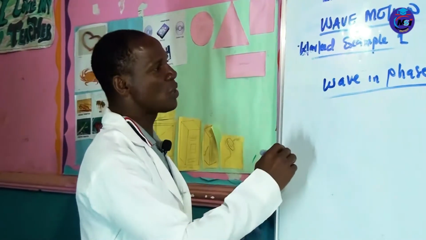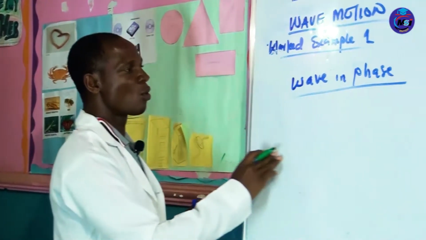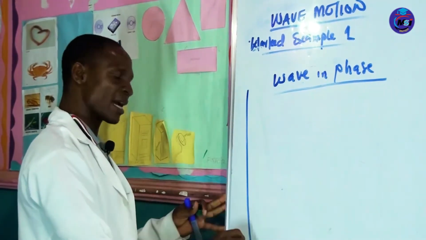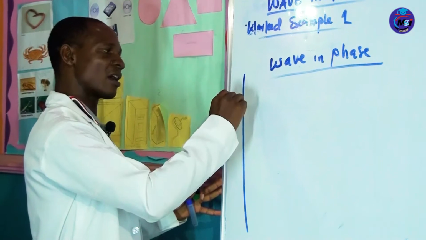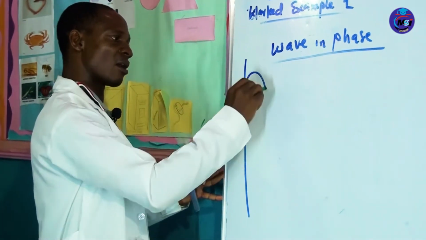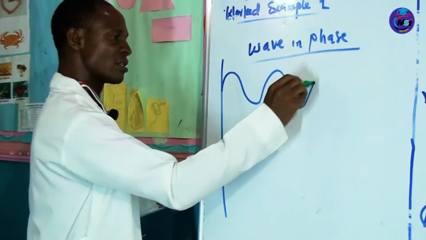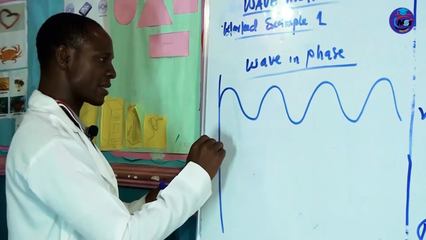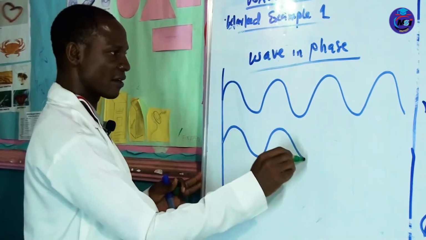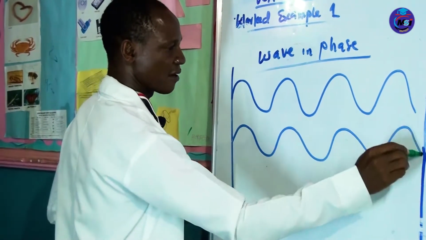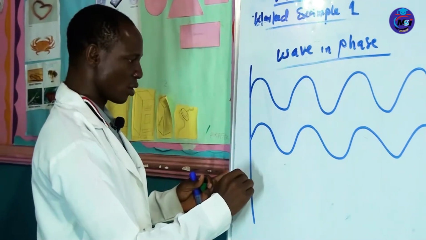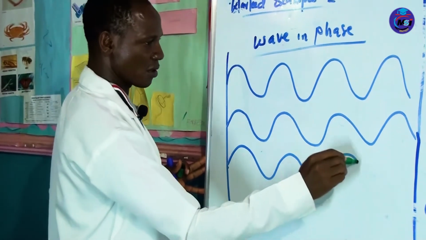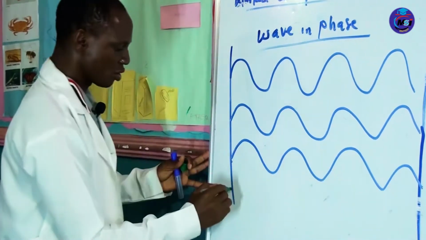Now, when you say waves are in phase, the first way we can explain it is to bring out a wave and go like this. Then you bring out the second one in that pattern, the third one in that pattern also, and the fourth one.